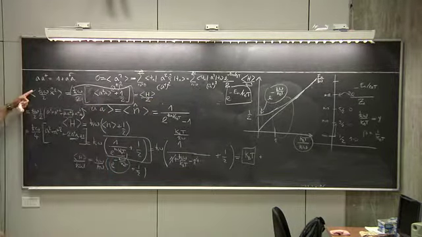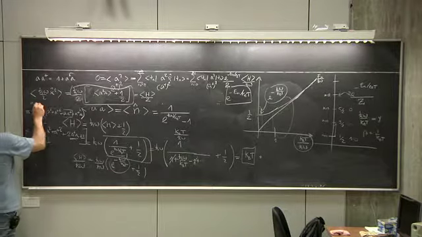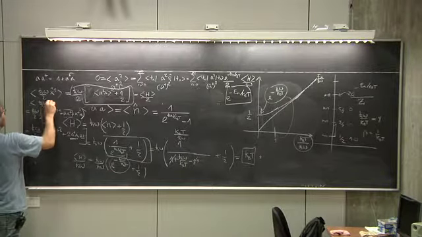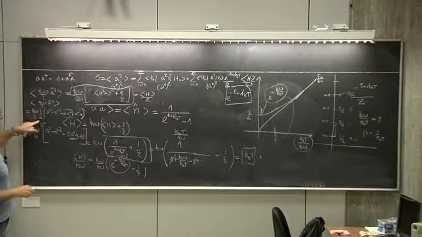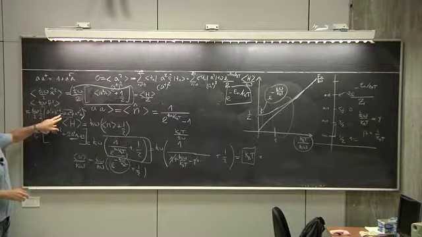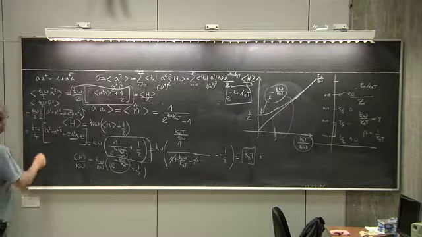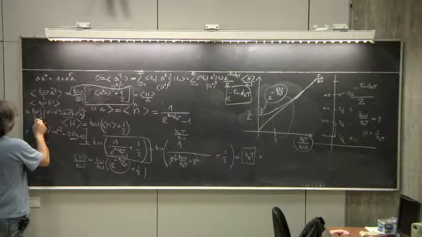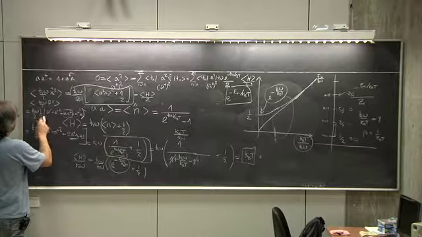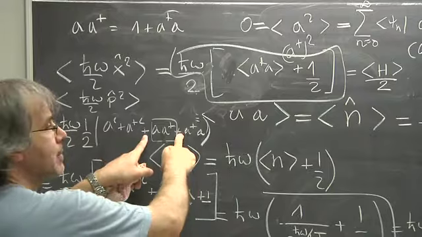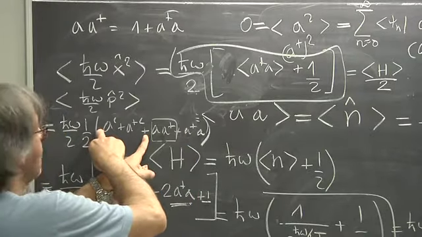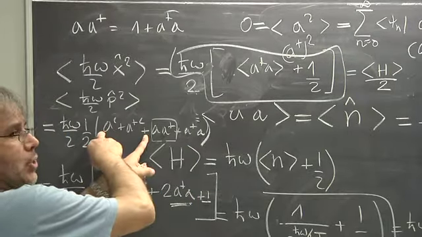In a similar way, you can prove that the average kinetic energy, which is this, has some i's and some minus signs, but all in all, this thing survives with the same sign, and this has a different sign, but their average is 0, so they don't matter.